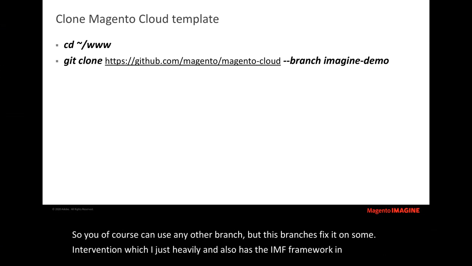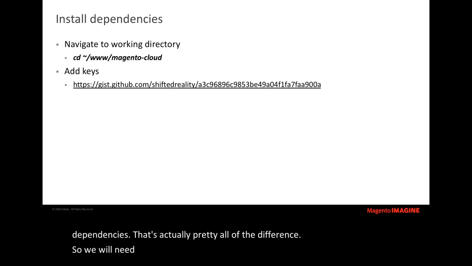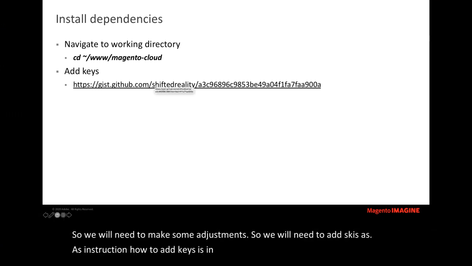That's actually the only difference. We will need to make some adjustments, such as adding keys. The instructions on how to add keys are in my gist on GitHub. I will share this link with you as well after the demo.